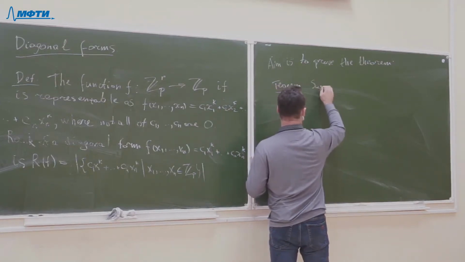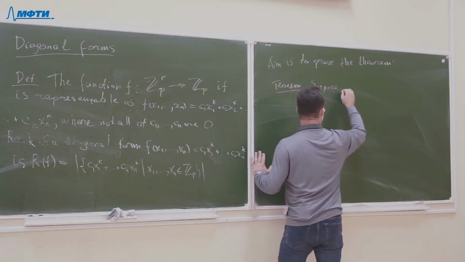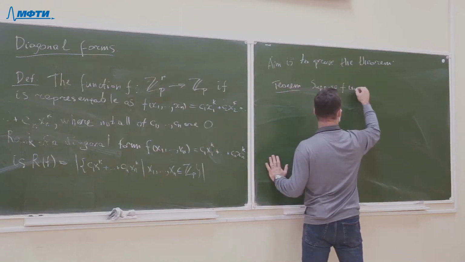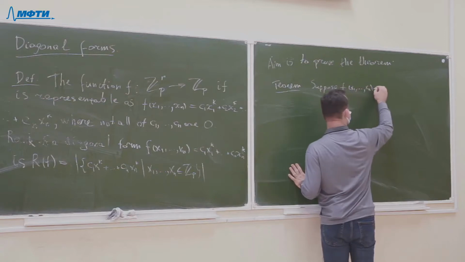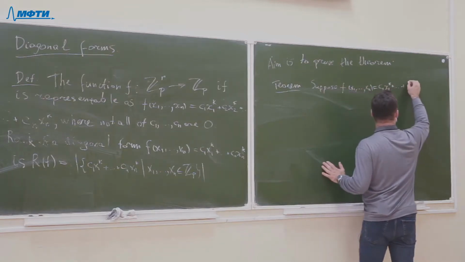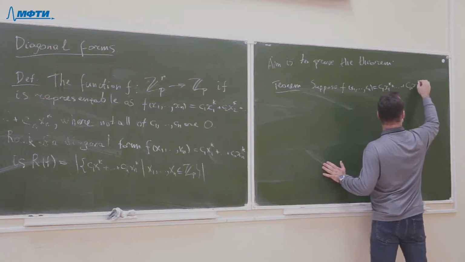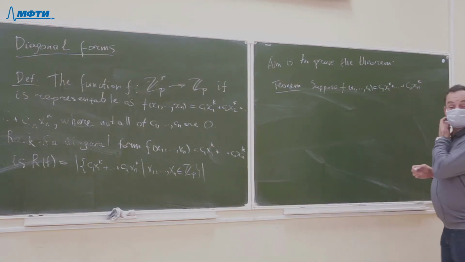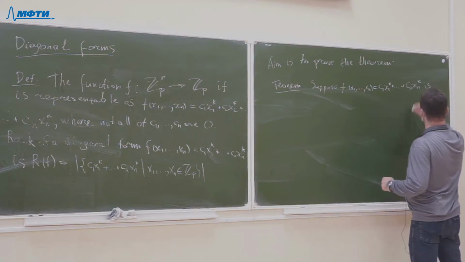Suppose f(x1, ..., xn) is c1 x1 to the k plus ... plus cn xn to the k, a diagonal form.